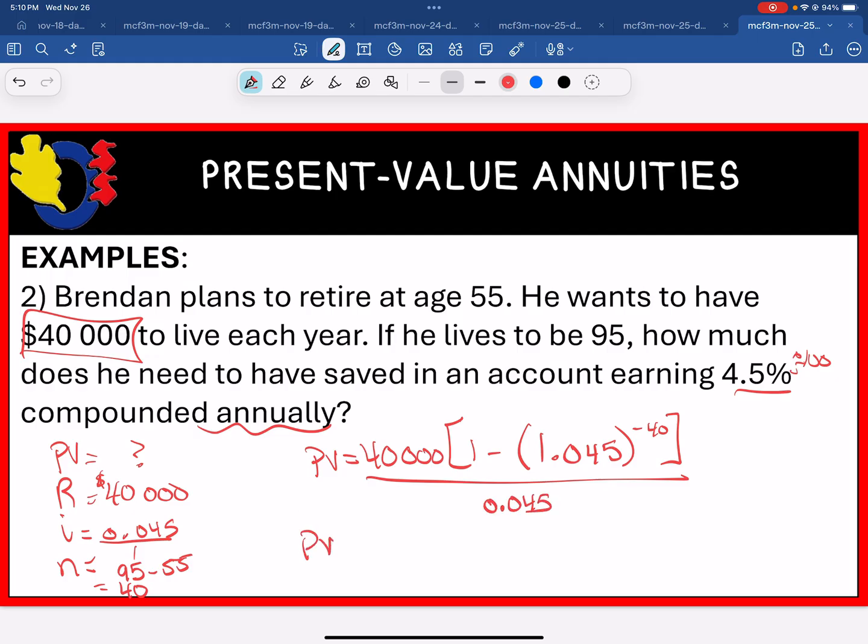So the present value is equal to $736,063.38. So $736,063.38 is what he would need to save to retire. So make sure we put a therefore statement because it is a word problem.